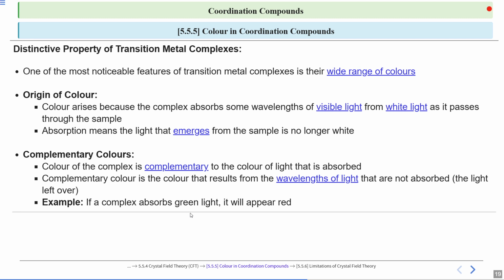It absorbs the green light, but it appears red. So the complementary color is the color shown by the complex, complementary to the color of the light that is absorbed.